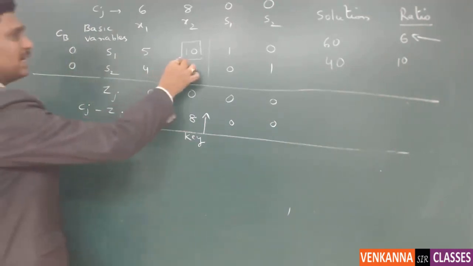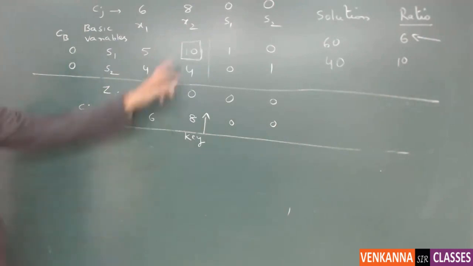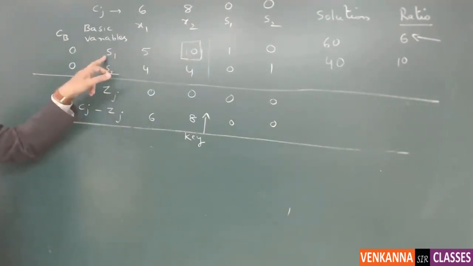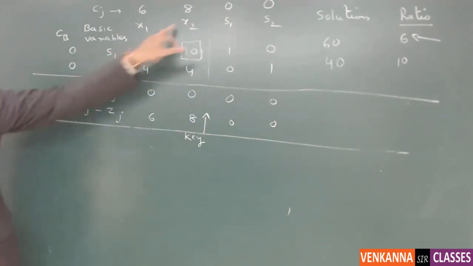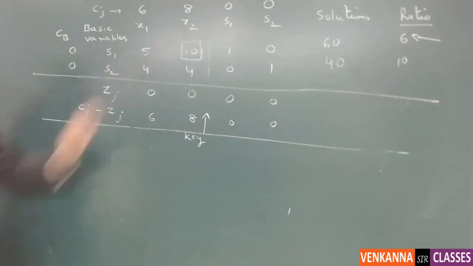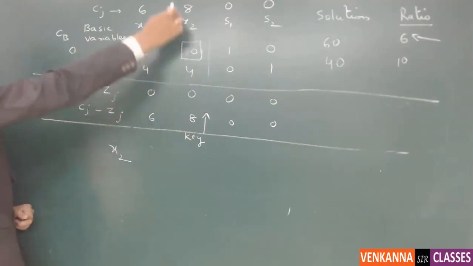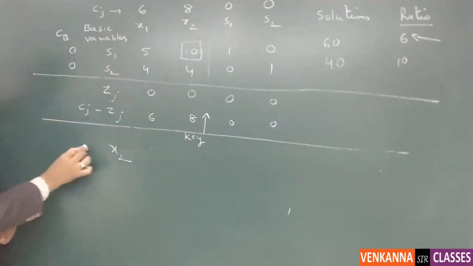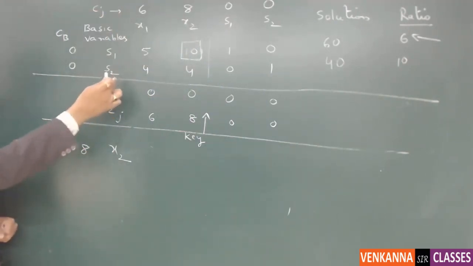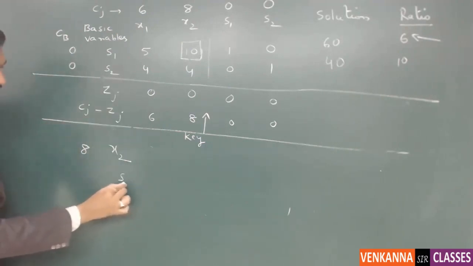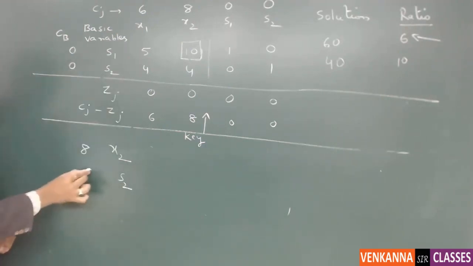After selecting the pivot element, I am replacing the basic variable S1 with X2. So this is X2. Its corresponding coefficient 8 is written here. S2 is taken as it is with the coefficient 0.